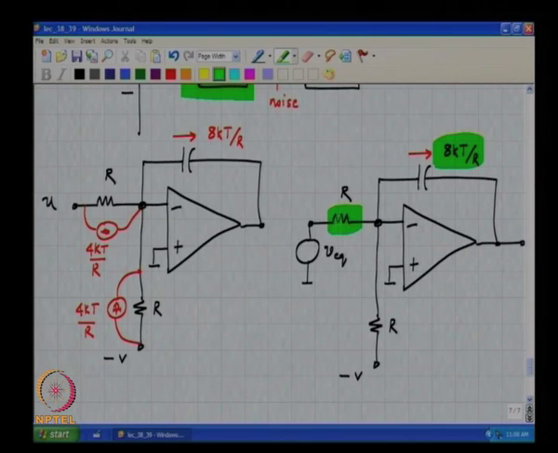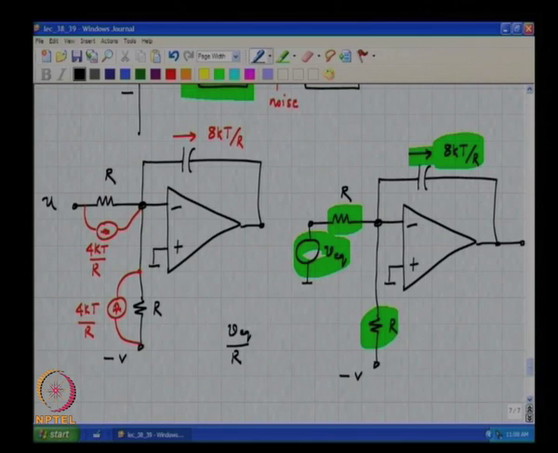Assume these resistors are now noiseless. What is the transfer function from VEQ to this current? The current through the integrating capacitor is VEQ by R.